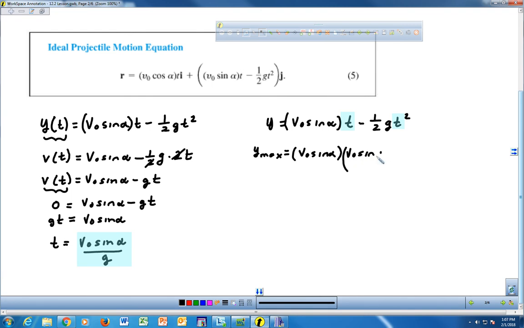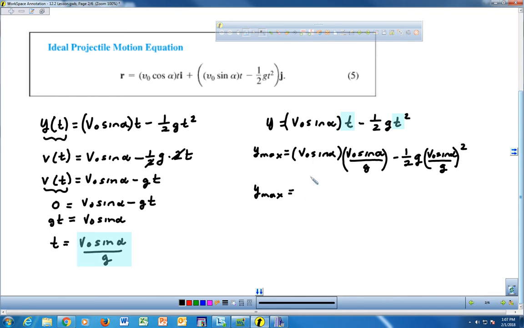So the initial velocity times sine of alpha divided by the gravity minus 1/2 times the gravity times the time squared. But the time again that it takes to reach the maximum height is the initial velocity times sine of alpha divided by the gravity. If we simplify this, it's going to give us a simpler formula for the maximum height.